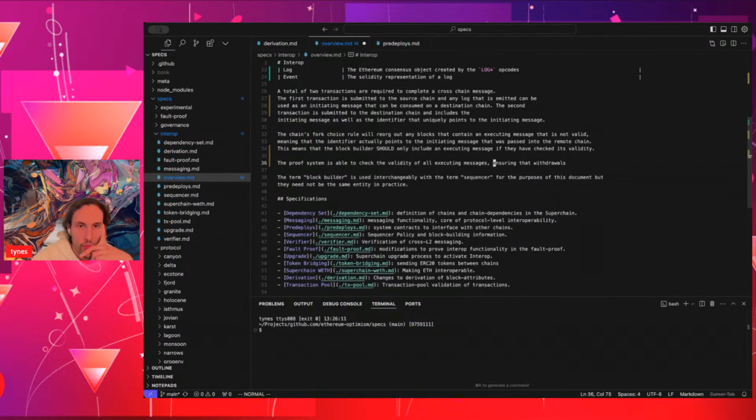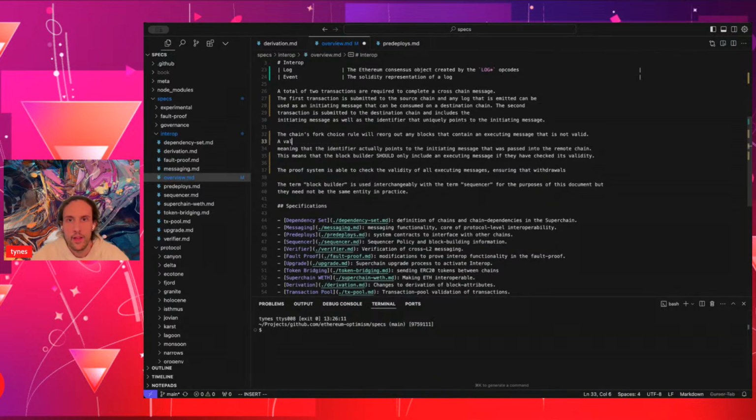Okay, so the chain's fork choice rule will reorg out any blocks that contain an executing message that is not valid. A valid executing message means that the identifier correctly references its initiating message.